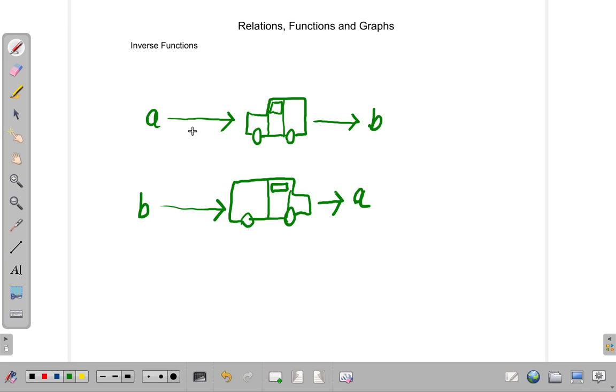Another example I can think of for a function and its inverse is when you put your password into your social media, or let's say you're logging into your bank account online. You have an encryption of that password.